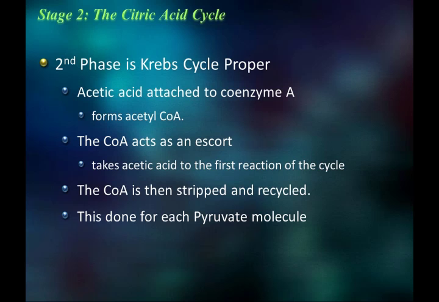So basically we have 2 acetic acid molecules from those 2 pyruvates, and so therefore we're going to go through the Krebs cycle proper 2 times. Alright, and then after each one of those molecules goes through this Krebs cycle proper, the CoA, or the coenzyme A, is going to be released and recycled for future processes.